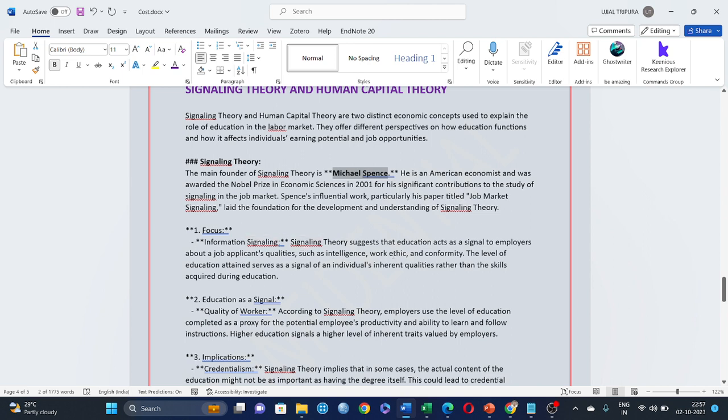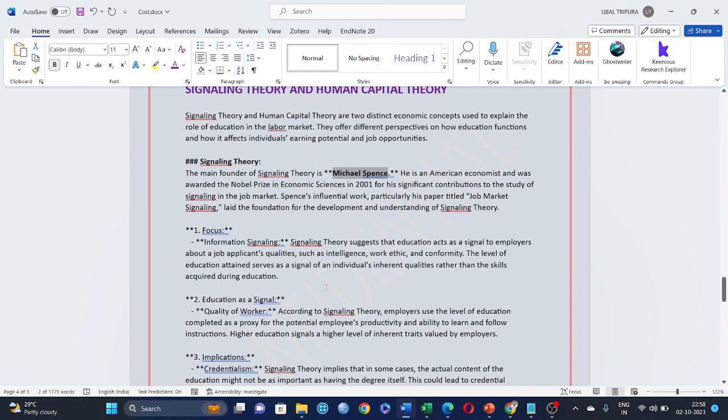Signaling theory suggests that education acts as a signal to employers about a job applicant's qualities such as intelligence, work ethic, and conformity. The level of education attained serves as a signal of an individual's inherent qualities rather than the skills acquired during education.